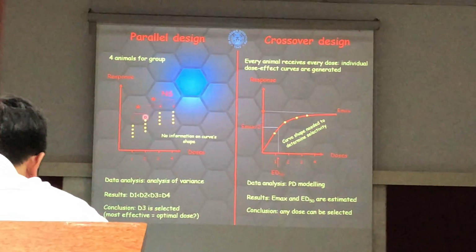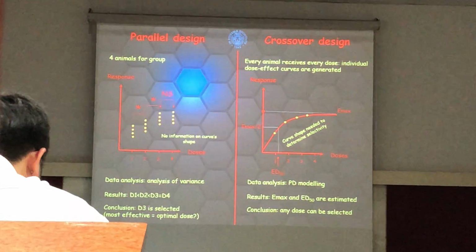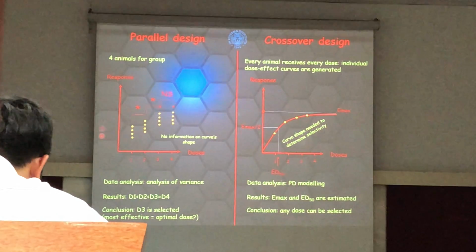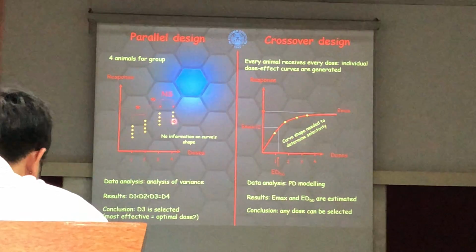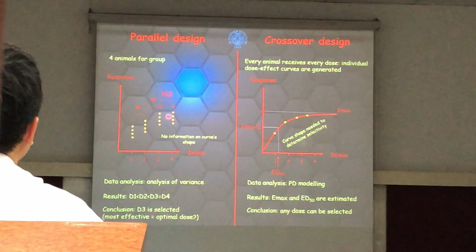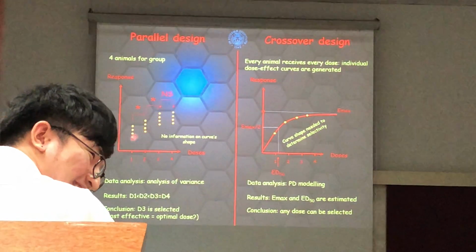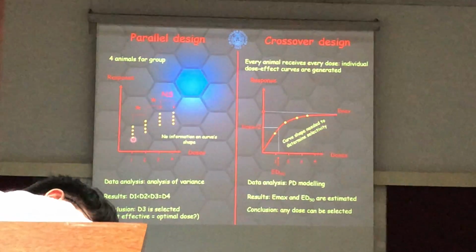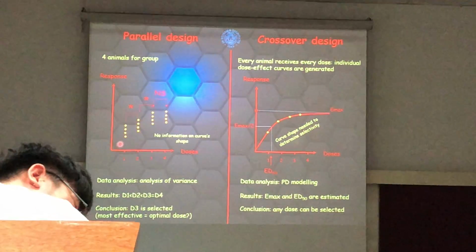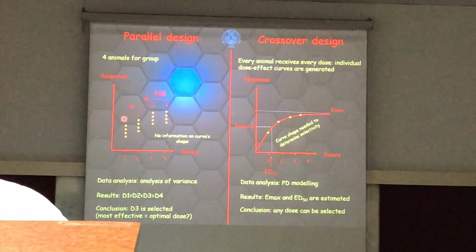So, look at this. This is a parallel study design, just to show you. So we have 4, 4, 4, and 4. 4 groups of 4 animals. We administered the dose to this animal, dose number 1, and we have a response.